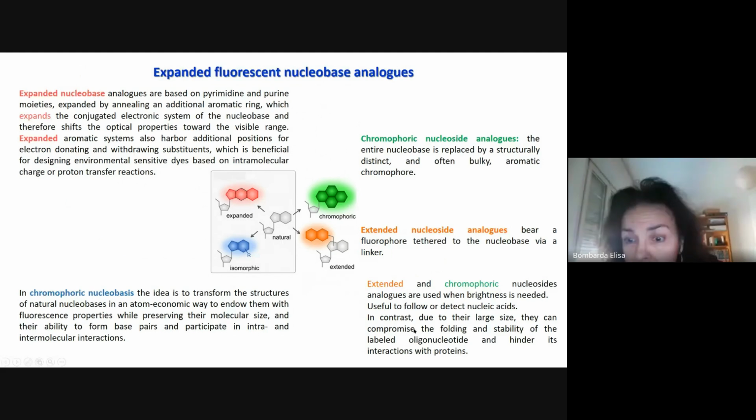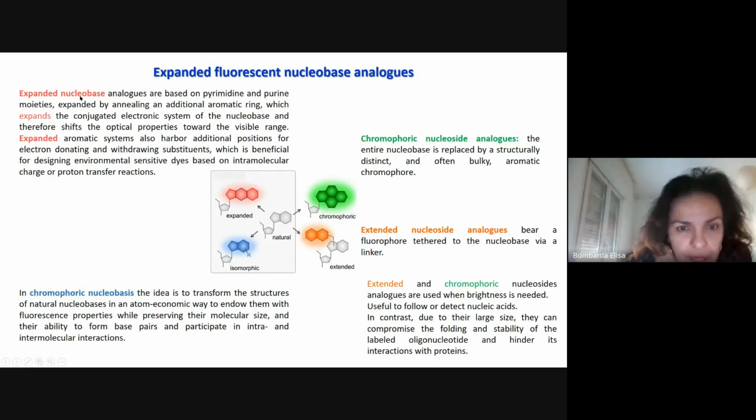So extended and chromophoric nucleoside analogs exist, and they are used especially when brightness is needed, because they are particularly bright. They are useful when we want to detect a particular nucleic acid. But they have a very large size, and so they can compromise the folding and the stability of the nucleotide. They can hinder the interaction with protein. So especially for our purpose, they are not really ideal.